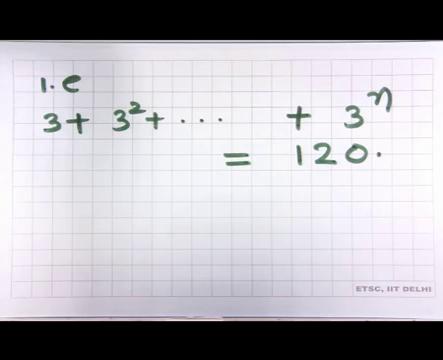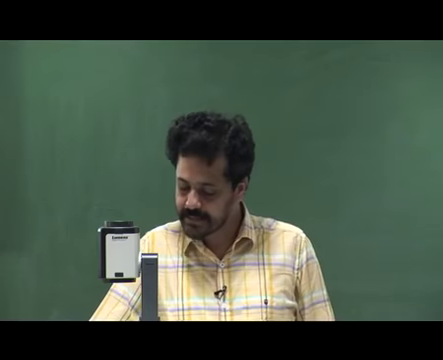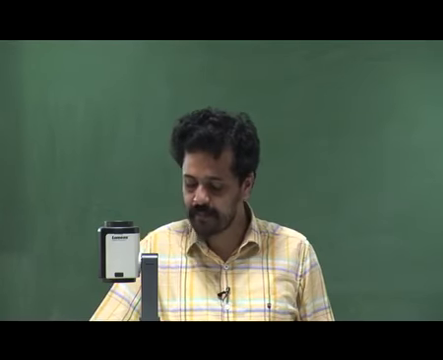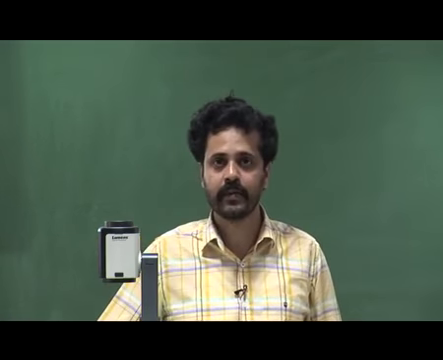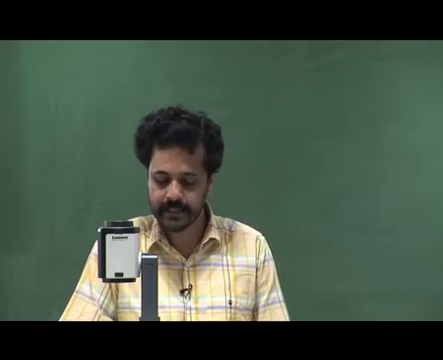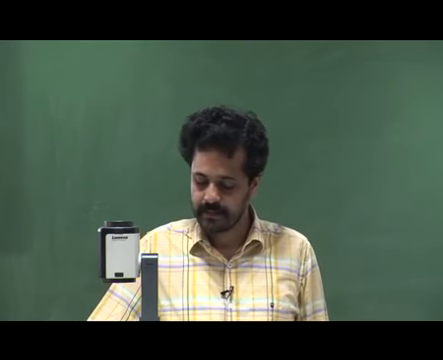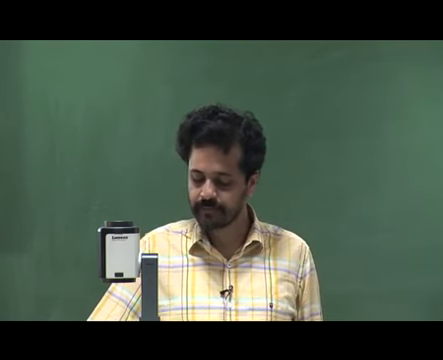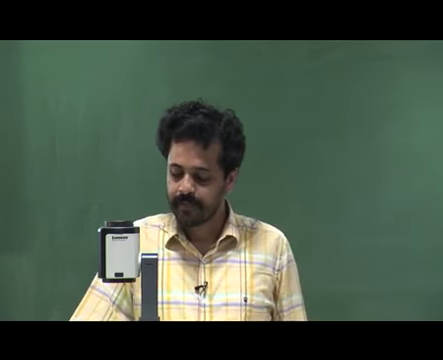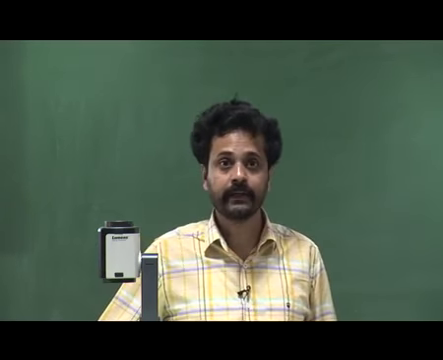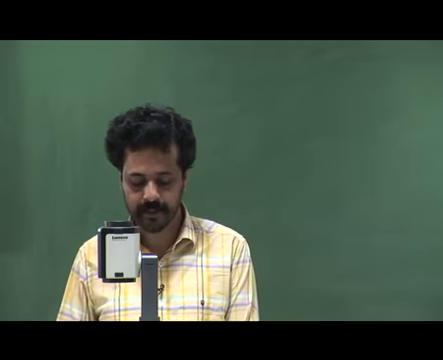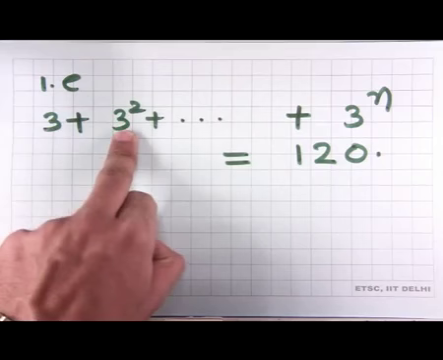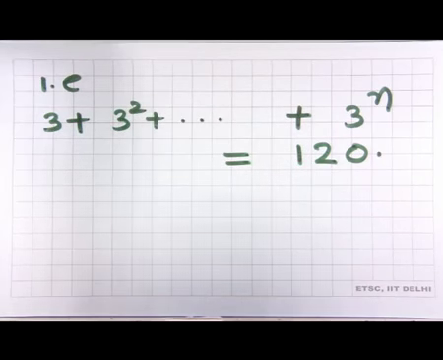We have to get n out of this equation. Note that the finite sum occurring on the left hand side of this equation is the sum of n terms of a geometric progression. Do you see that the terms are 3, 3 square, 3 cube and so on?